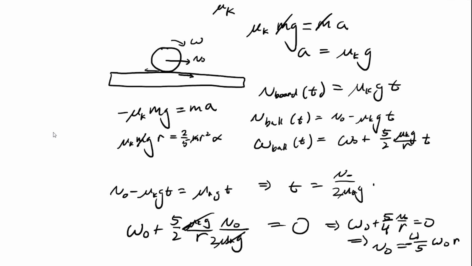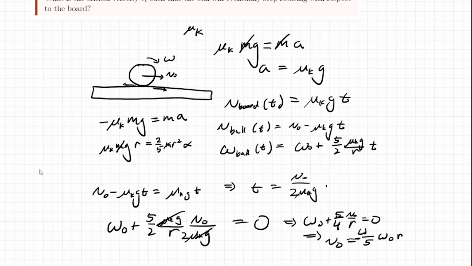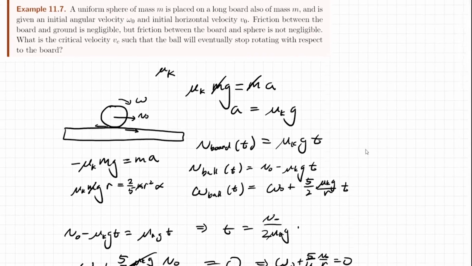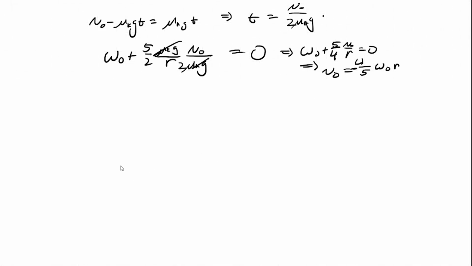Alright, so that's the direct force and torque analysis, and there's a lot of equations. So here's a bit of a nicer way, in my opinion, which is to use conservation laws. So we have v naught again, omega, and the board is still.